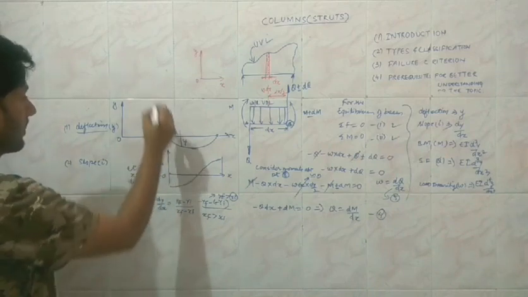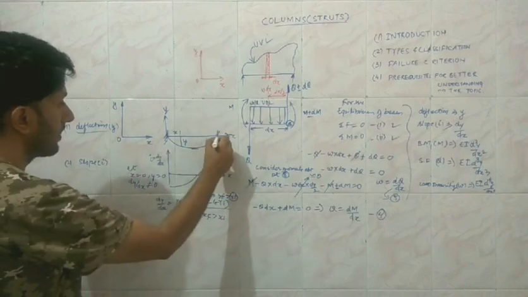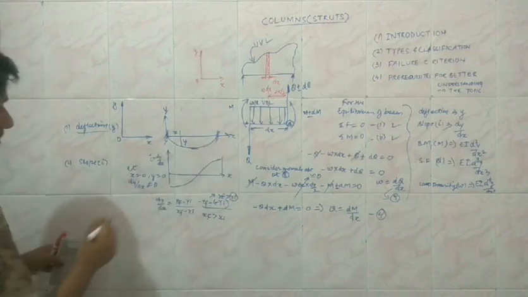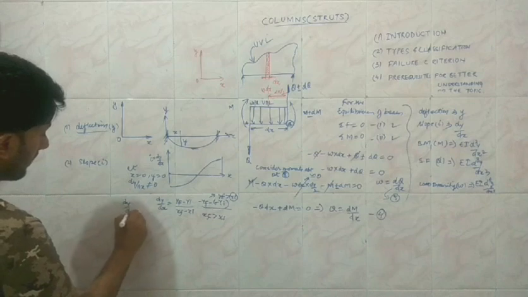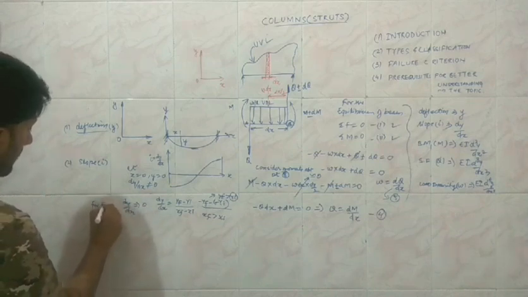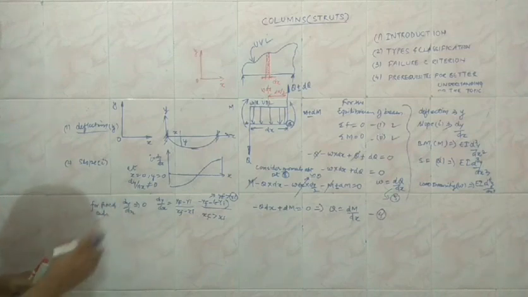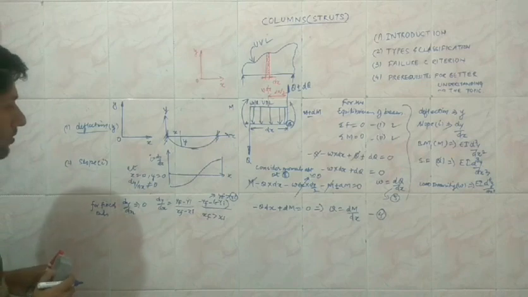If these ends were fixed, then dy upon dx must be equal to 0. Then dy upon dx would have been equal to 0 for a fixed end.